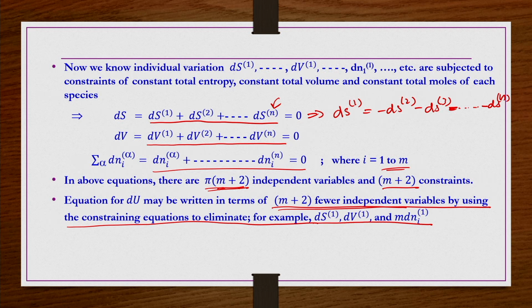Like that you can write for dS2 also, dS3 also, but you can write only for one. Similarly, here also, if I write for dV1, that should be equal to minus dV2 minus dV3 minus dVn, like this we can write. So, here also one is reduced.